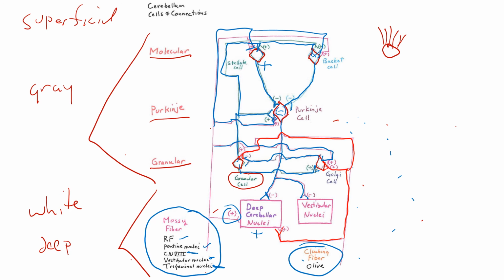You will not be asked how the cerebellum works with all of these different cells and the way that they are connected and the way that they synapse. That's way beyond the scope of what we need to talk about in this course.